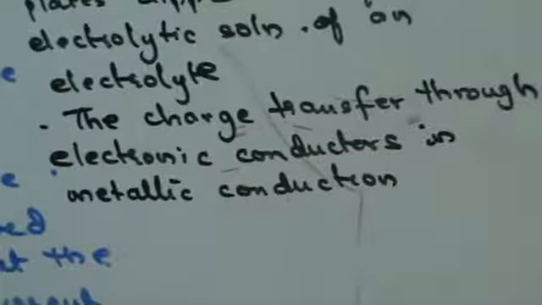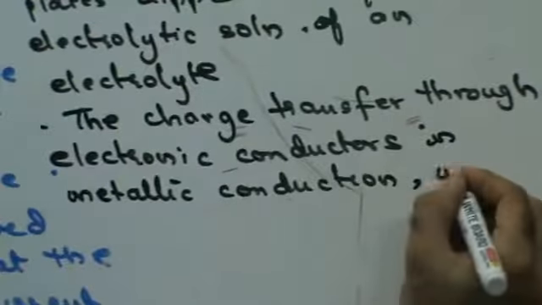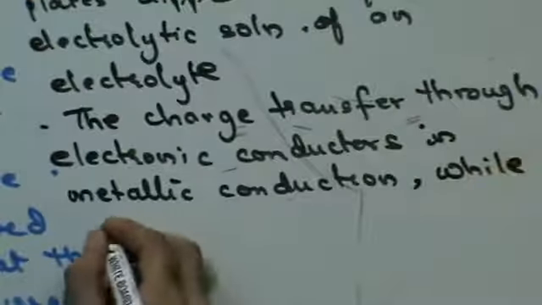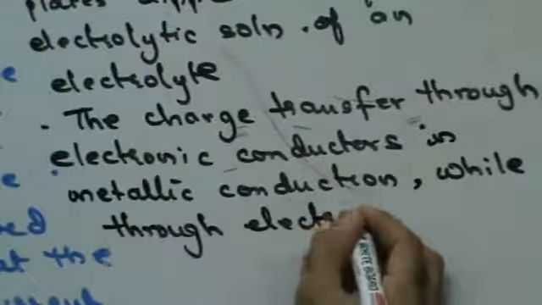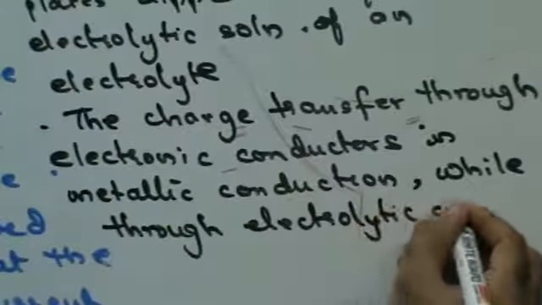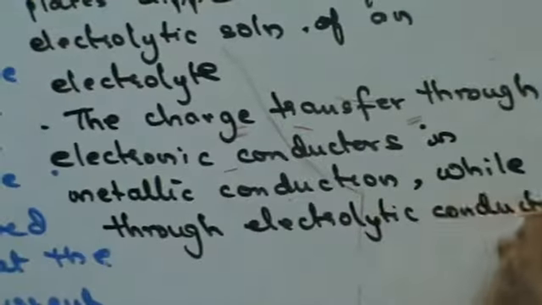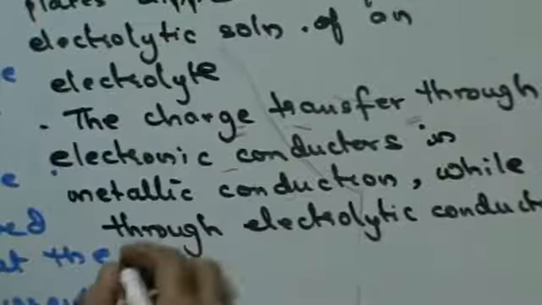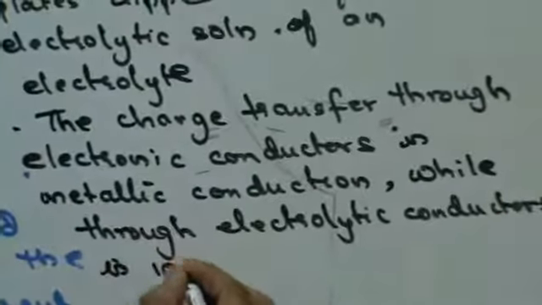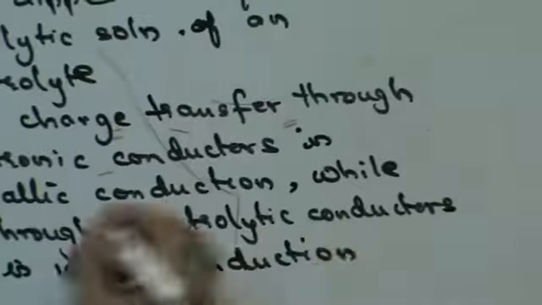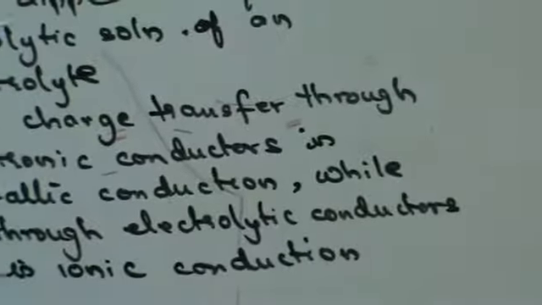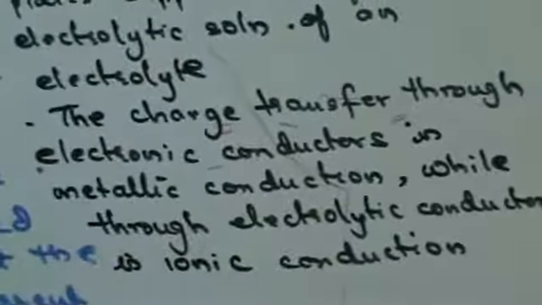While through electrolytic conductors, it is ionic conduction. So you will have two different conductions taking place, one through the metal and one through the solution. So that's an electrochemical cell, right?